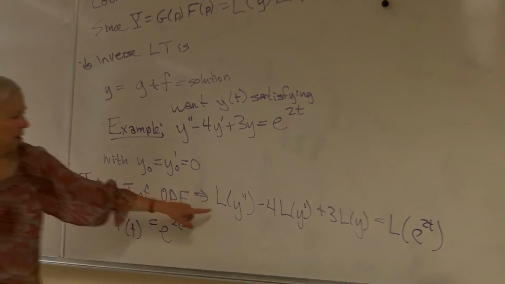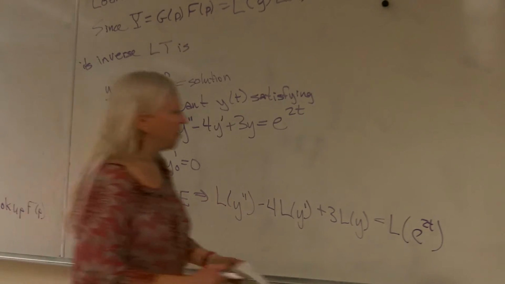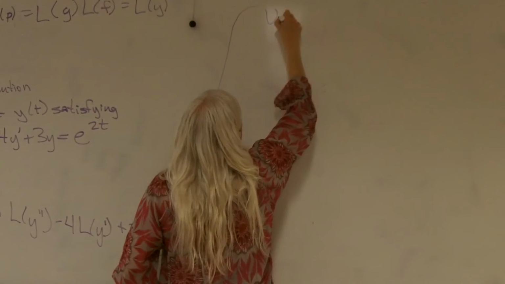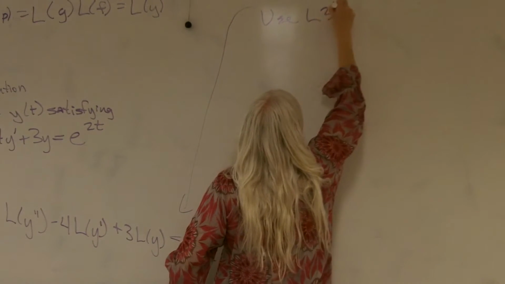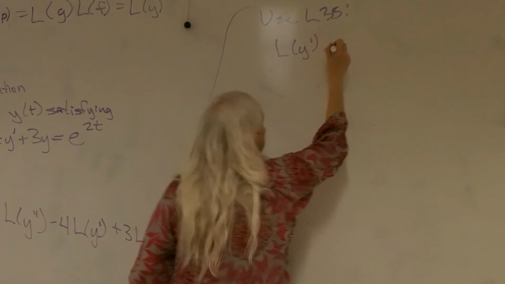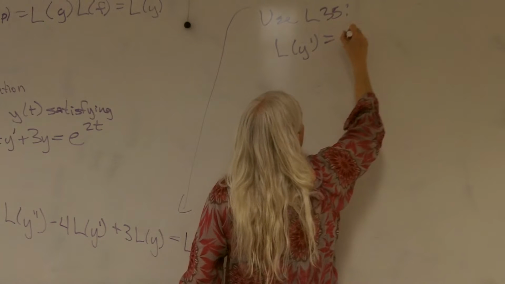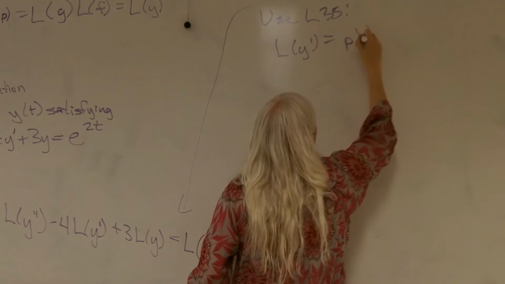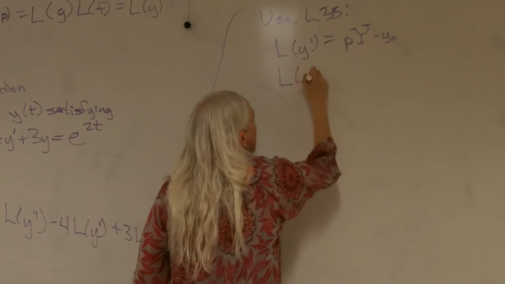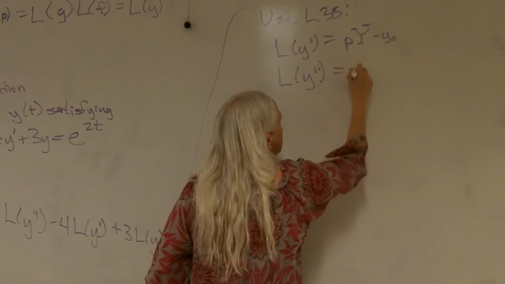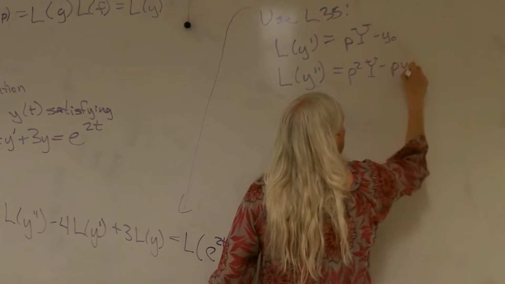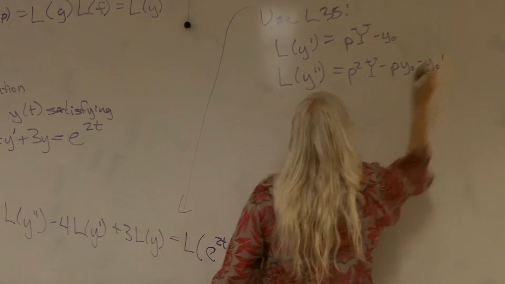Okay, so then we're going to use L35 in this equation right here. L35 tells us the Laplace transform of y prime is equal to p times capital Y minus y(0). And the Laplace transform of y double prime is equal to p squared times capital Y minus p times y(0) minus y prime(0).